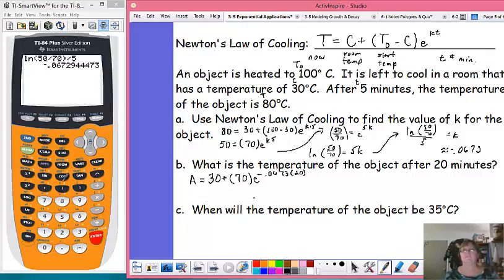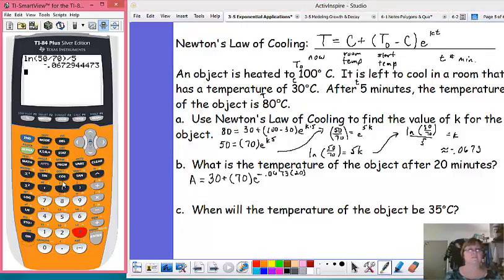So here's what we've got. Now it's just a matter of doing the arithmetic. And since this is the variable that we're interested in, we just got to plug this into our calculator. So 30 plus 70e raised to the negative 0.0673, all up in the exponent.